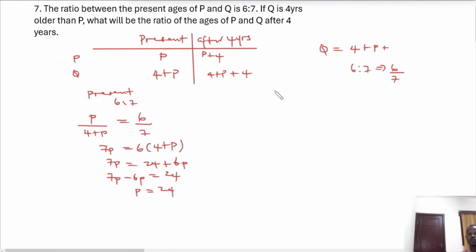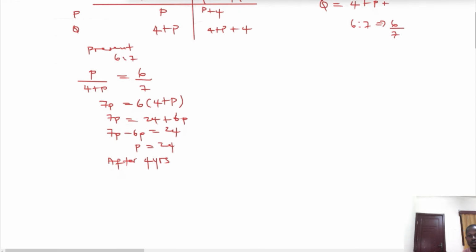So we go to after 4 years. Make sure you take your time to understand this question. After 4 years, P's age is P plus 4.